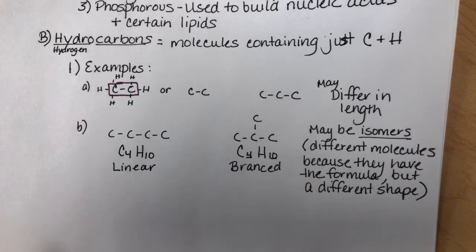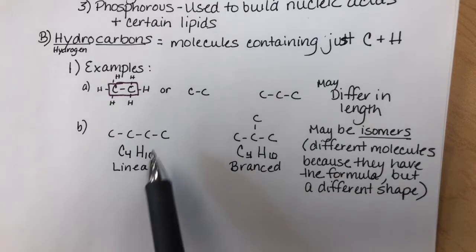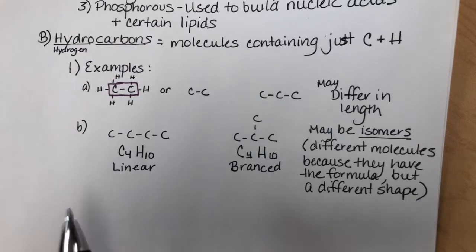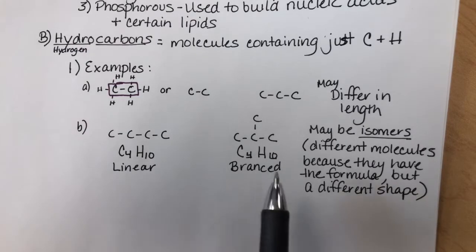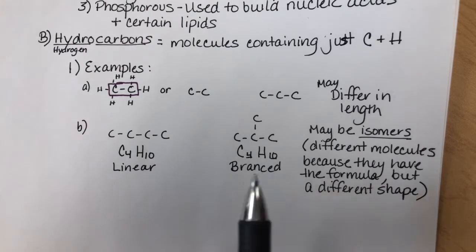One isomer decreased the morning sickness, but the other isomer actually caused birth defects in the babies. So they were giving it to pregnant women to decrease their morning sickness, which was the desired effect, but mixed into that was the isomer that had a detrimental effect.